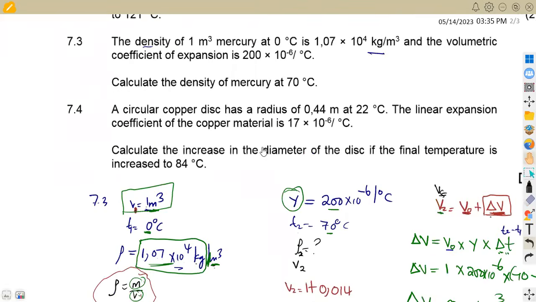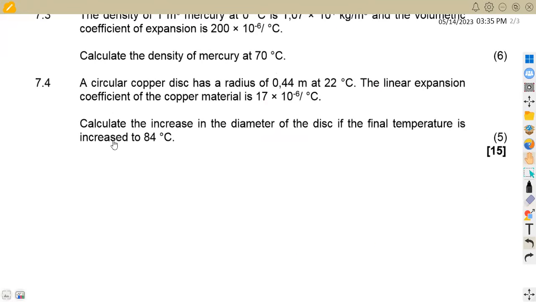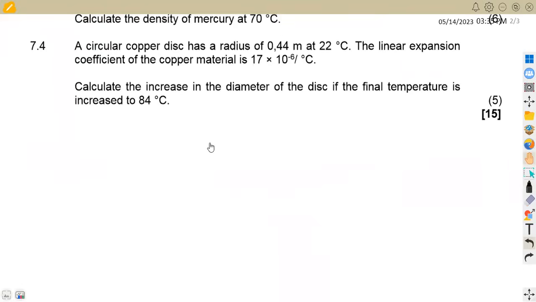All right, so 7.4, we are now given this part. We have got a copper, a circular copper disc, which has got a radius of 0.44 at 22 degrees Celsius. So all this was on linear, area and volume expansion.